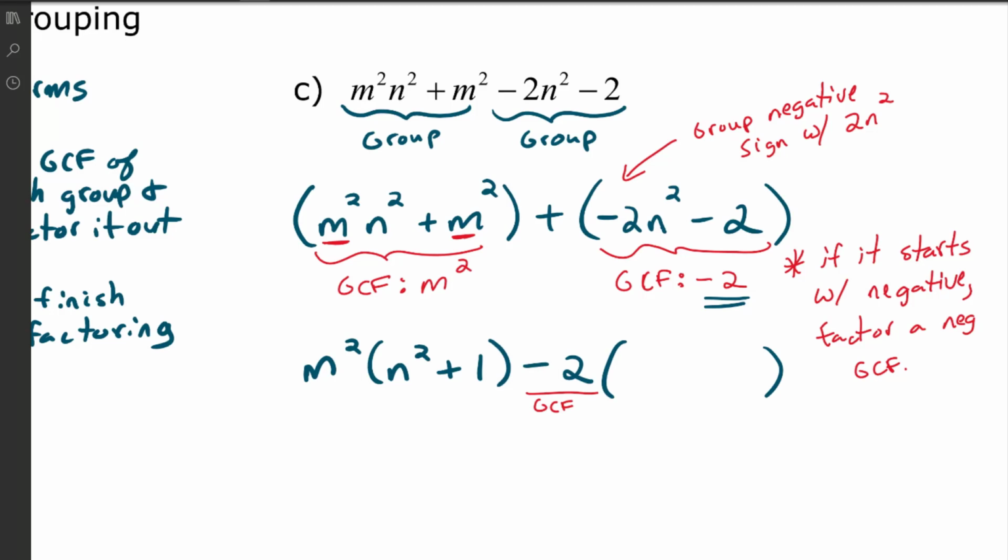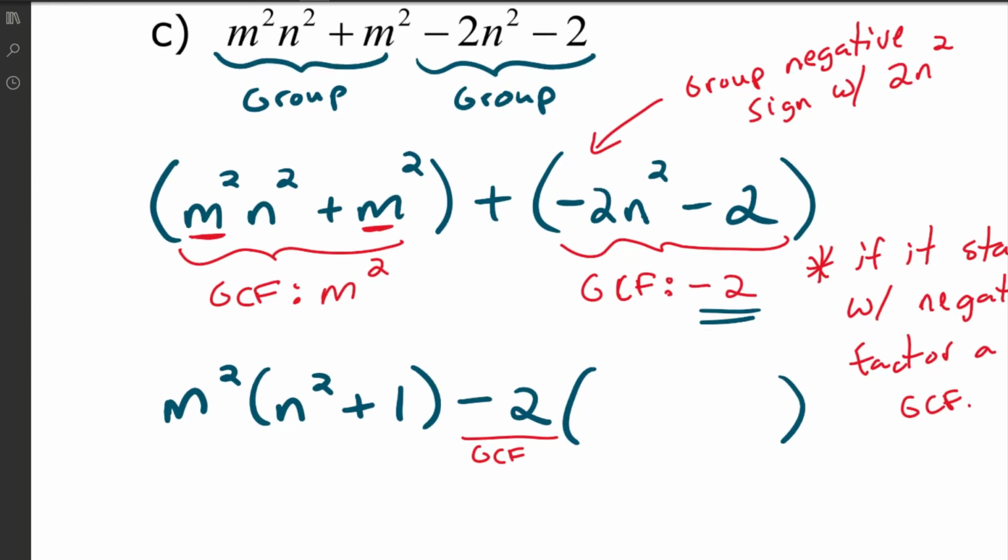Well, negative 2 divided into negative 2n squared will be just n squared. So you're going to have positive n squared, not negative, because the negative 2 basically canceled out the negative. And then negative 2 right here divided by negative 2, the GCF, will be positive 1. So your final factoring right here in step 2 will end up being negative 2 on the outside, n squared plus 1 on the inside.